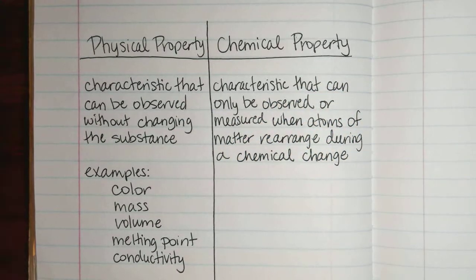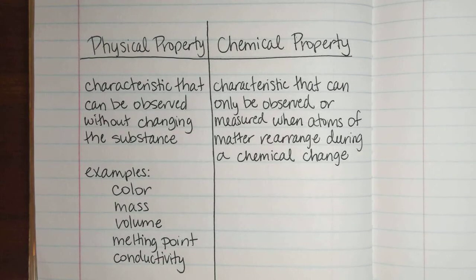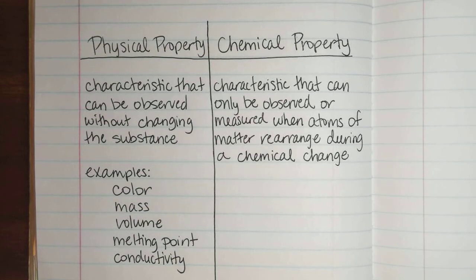So a characteristic that can only be observed or measured when atoms of matter rearrange during a chemical change. We'll talk more in the next few videos about the types of changes, and one of those is a chemical change. But just know that that's where the matter, the substance, is actually changing.